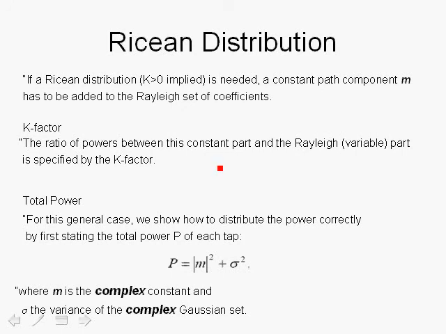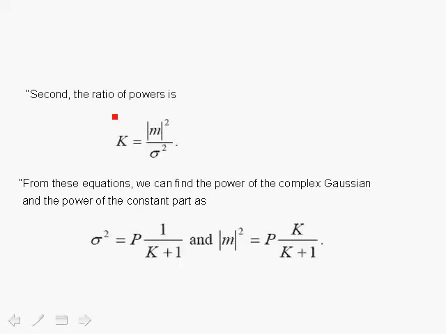But when we have a large K factor, which means we have a direct line of sight also, then the total power is going to be equal to the contribution due to the Rayleigh fading and also the contribution due to the line of sight. So P equals magnitude m squared plus sigma squared, where sigma squared is the power of the complex Gaussian distribution. And that's emphasized over here.